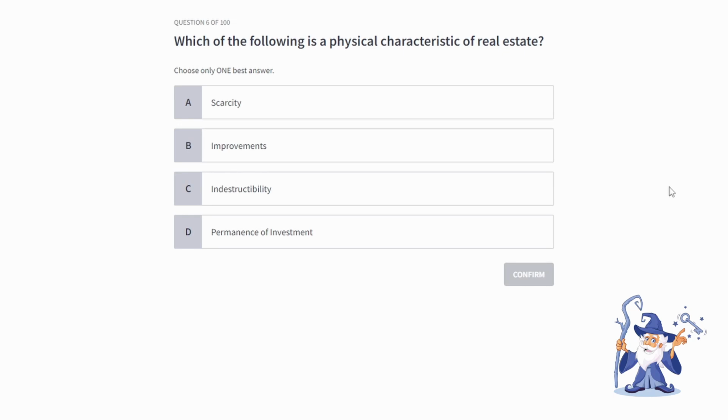Which of the following is a physical characteristic of real estate? And it gives us 4 options. A, scarcity, B, improvements, C, indestructibility, or D, permanence of investment. So go ahead and think that one over and come up with your answer.